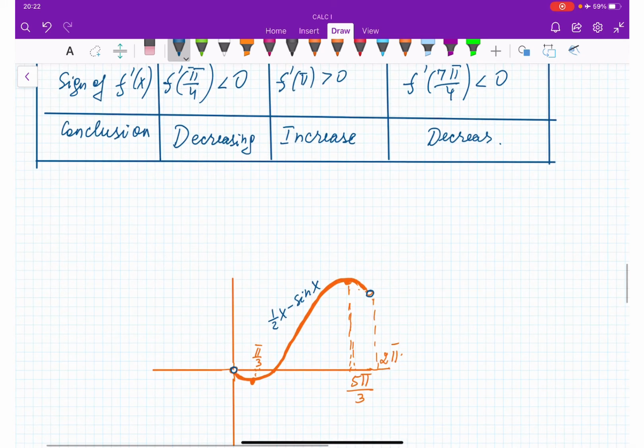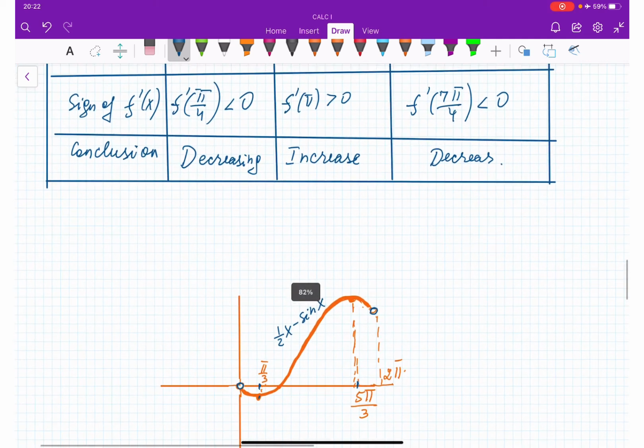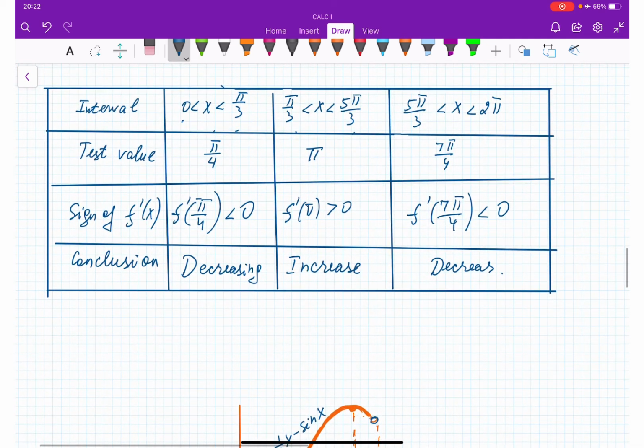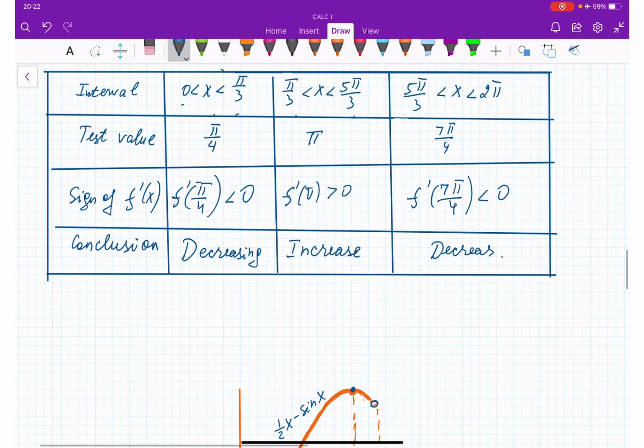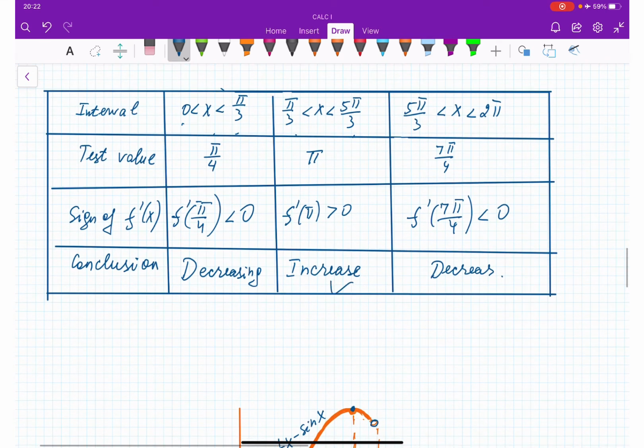Now let's explore. This critical point is pi over 3, and this critical point, 5 pi over 3, which is 300. And what did we say here? Between 0 and pi over 3, the graph is decreasing. Here we go. Between pi over 3 and 5 pi over 3, from here to here, it's increasing.